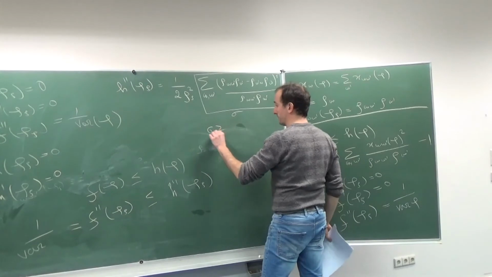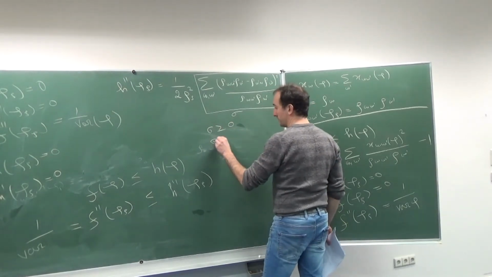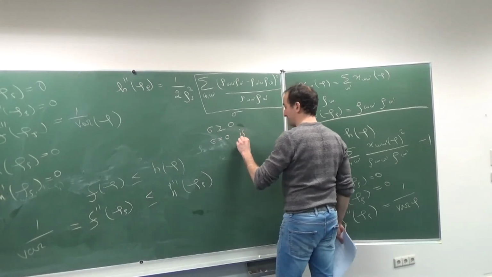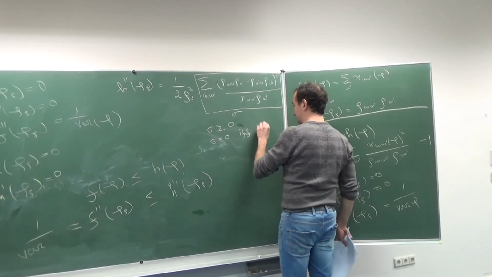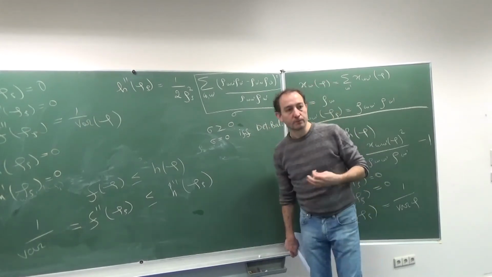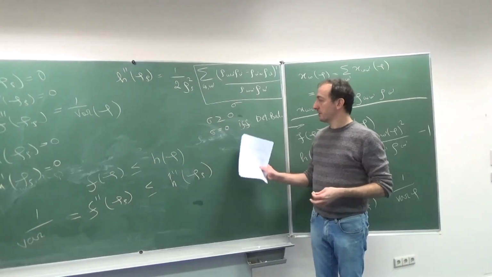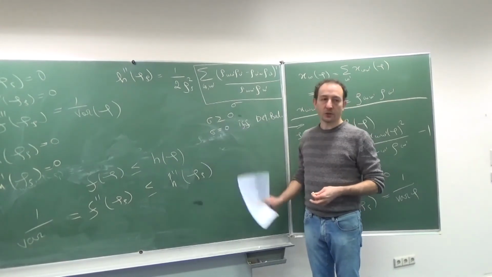So this is a good measure of irreversibility, because it is only 0 at equilibrium, and otherwise it is always positive.